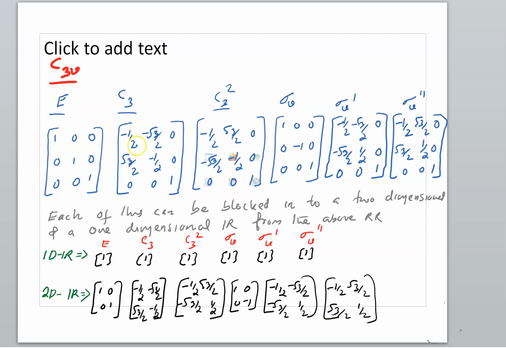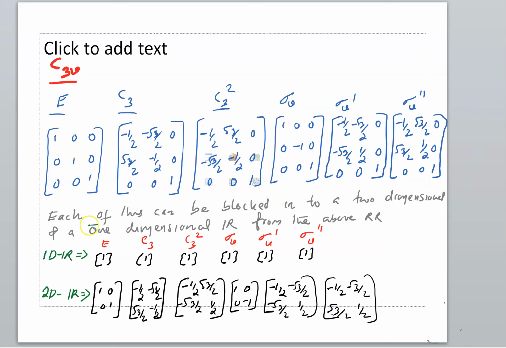That is, C3 is cos theta, minus sine theta, 0, sine theta, cos theta, 0, like that. And for C3 the angle is equal to 120. Therefore, cos 120 is minus 1 by 2. Minus of sine 120 is equal to minus root 3 by 2. Like that, we get this matrix representation.